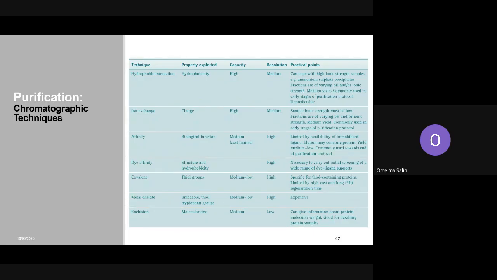There is ion exchange, and this is for charged residues in the case of proteins.